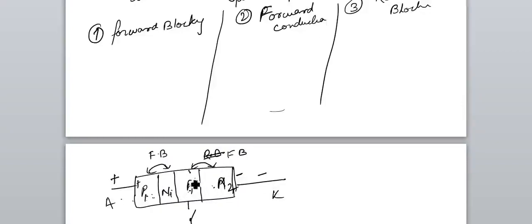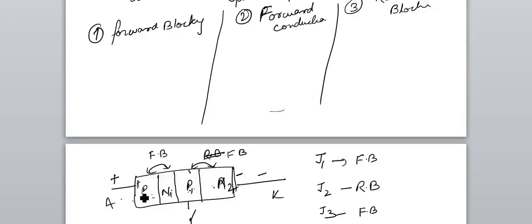So when you connect these two terminals, for the junctions J1, J2 and J3, J1 is forward bias, J3 is forward bias, but J2 is reverse bias. This is the forward blocking state. In the forward blocking state, your anode is positive, cathode is negative.